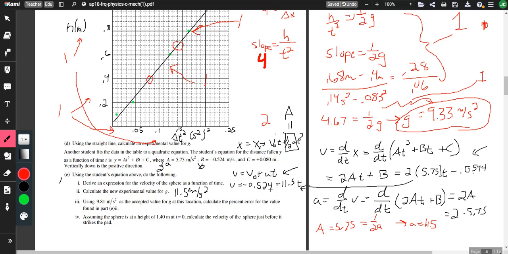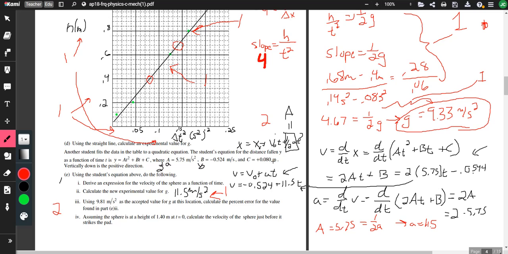Basically, I have a few different ways of doing this. Oddly enough, this was worth 2 points. There was 1 point for realizing that it was going to be 11.5. And the other point was for doing one of these two methods, either taking the derivative of the velocity or comparing the equation that they give us to one of the other kinematics equations, and then using that to figure out the acceleration.